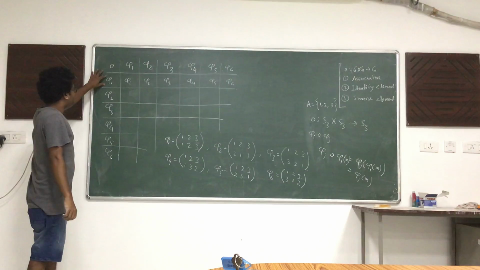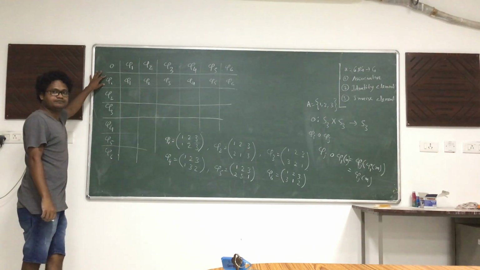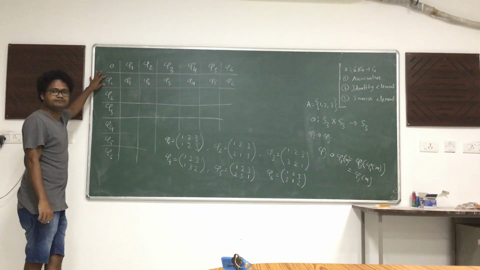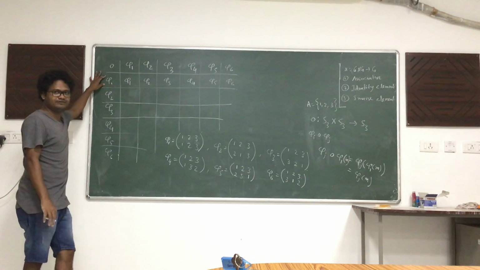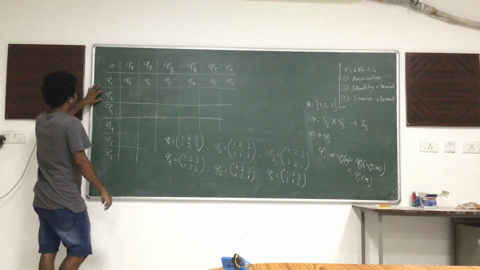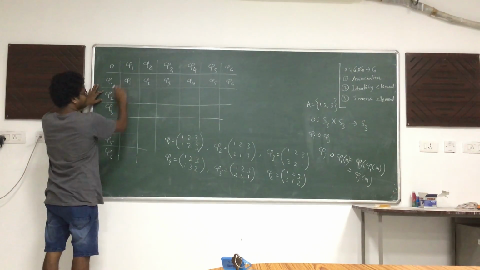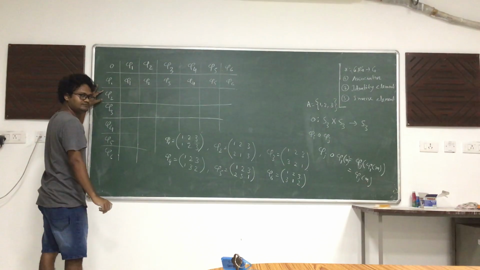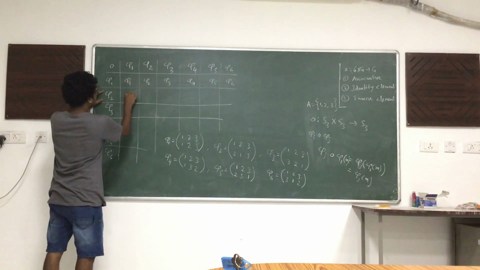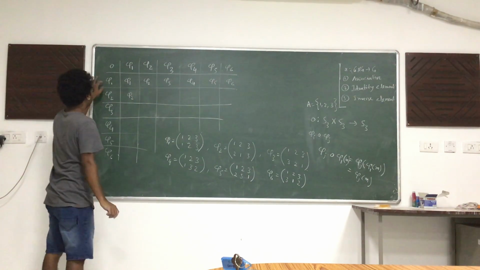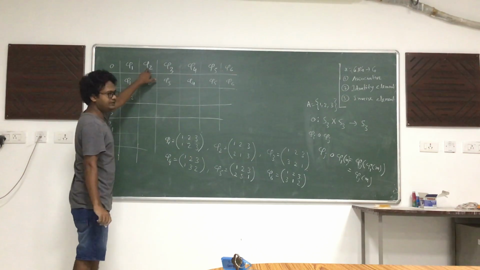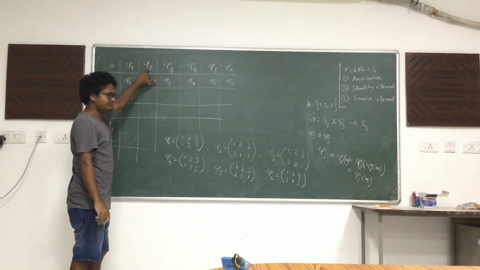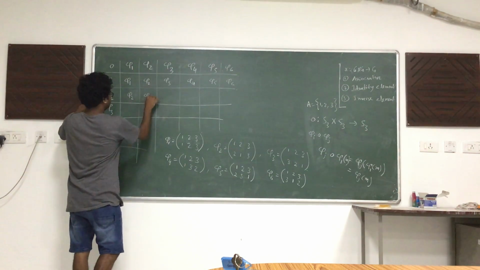So for this group, all the elements are their own inverses. What is phi 2 compose phi 1? This is phi 2. What is phi 2 compose phi 2? Phi 1. Up to this we have derived.